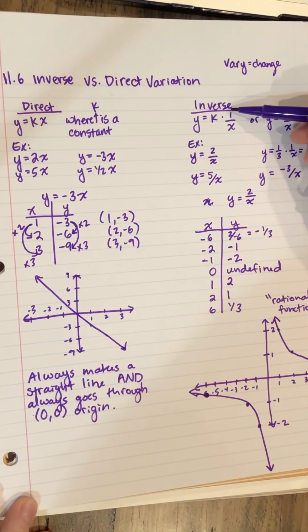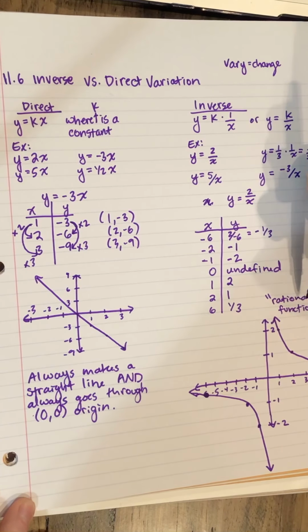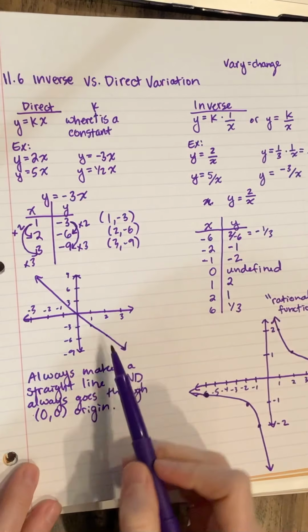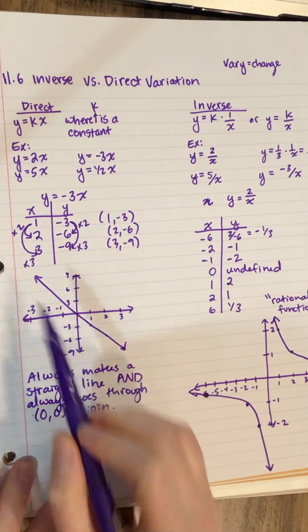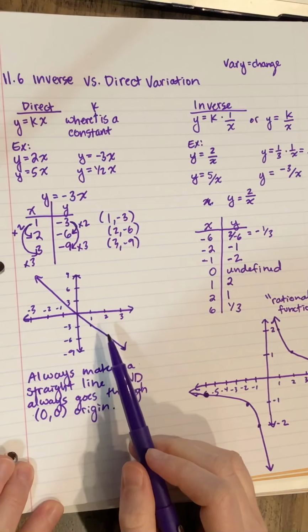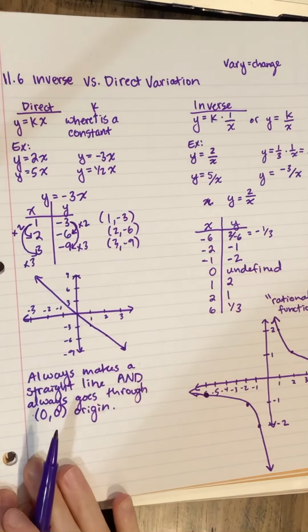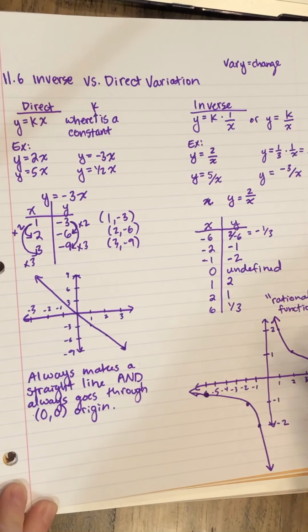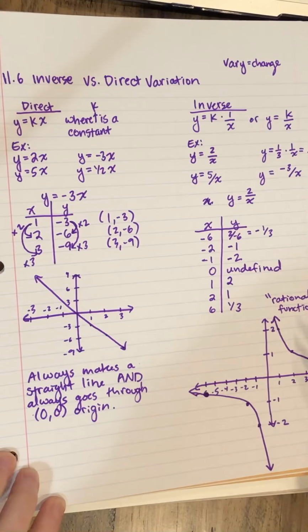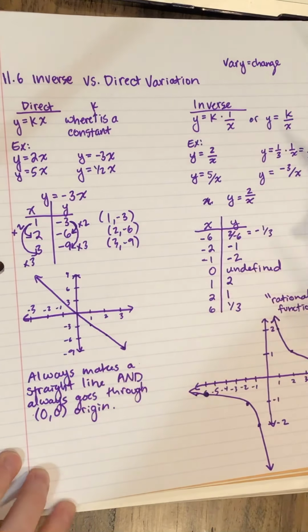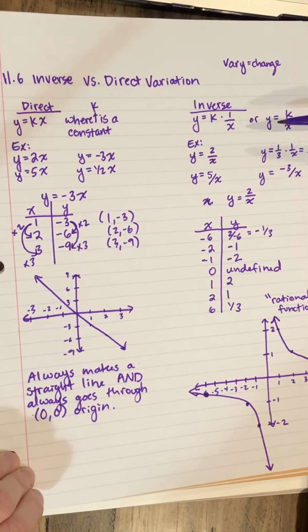All inverse variations are rational functions, okay? So if your graph looks like this, a nice normal straight line through 0, 0, it's direct variation. If it looks something funky like this, where you have two graphs going in squiggly directions like this, then it is inverse variation.